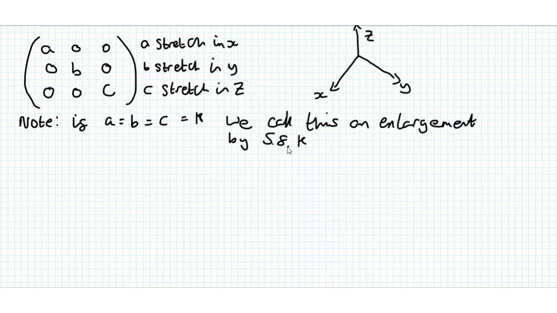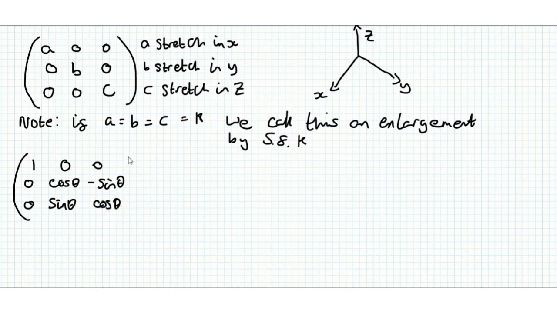Now I'm going to look at some rotations. Got a matrix 1, 0, 0, 0, cos theta, minus sine theta, 0, sine theta, cos theta, and this gives us a rotation in X, so we'll just call this Rx, and the rotation is anti-clockwise.